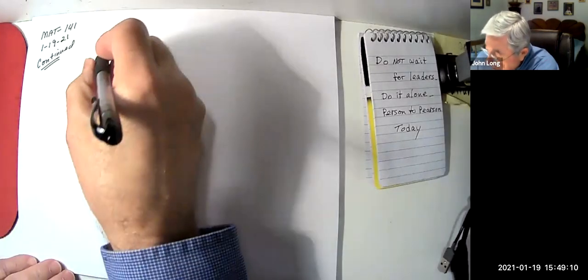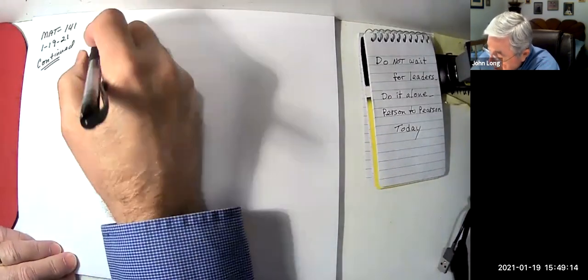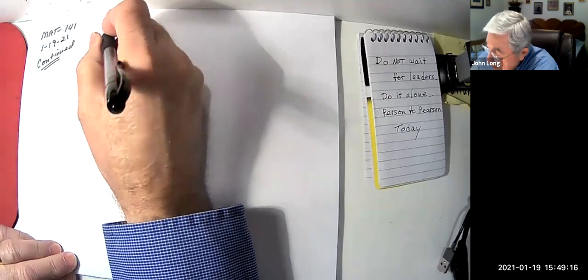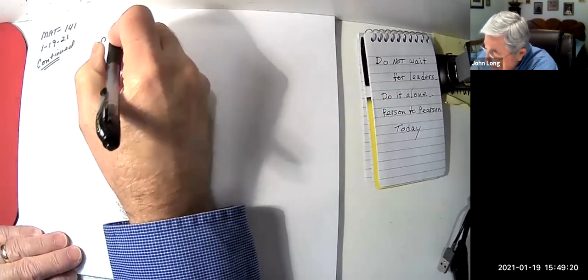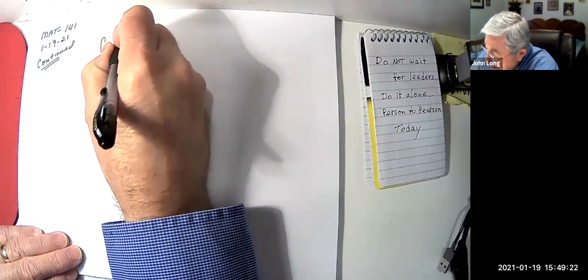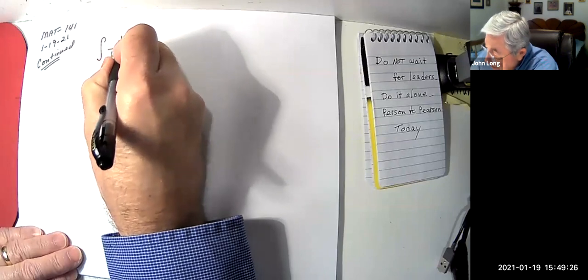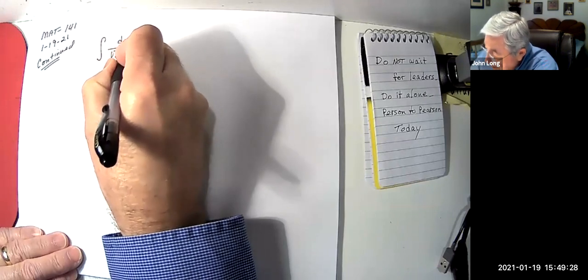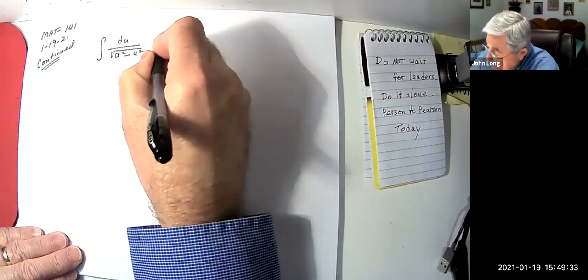So just to review, since this is maybe a standalone video to some extent, recall that we have the integration formulas, the integral of du over the square root of a square minus u square.